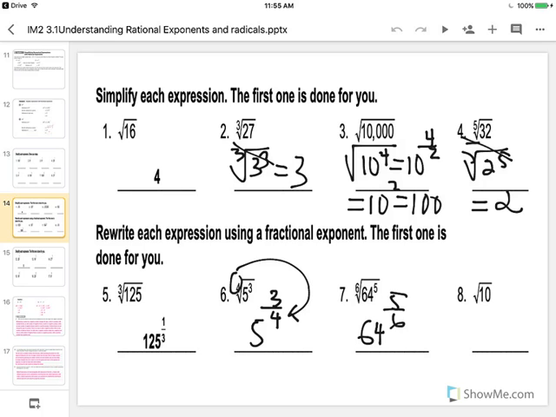But then 64 can be reduced, right? So 64 is the same as 4 to the 3rd power times 5 over 6. So 3 and 6 can be reduced, so your answer for number 7 would be 4 to the 5 over 2. And this will be just 10 to the 1/2.